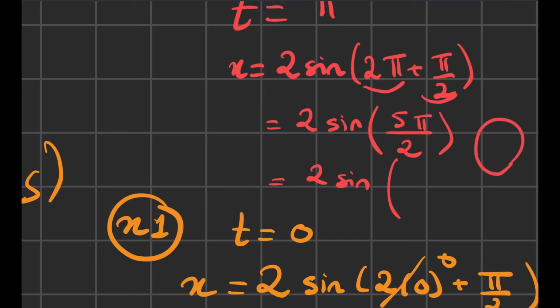That's just pi over 2 because you have a full circle, and the sine of pi over 2 equals 1, so that would be 2.